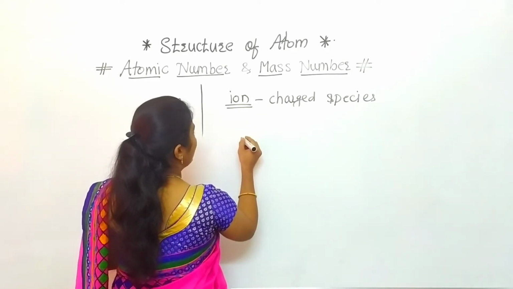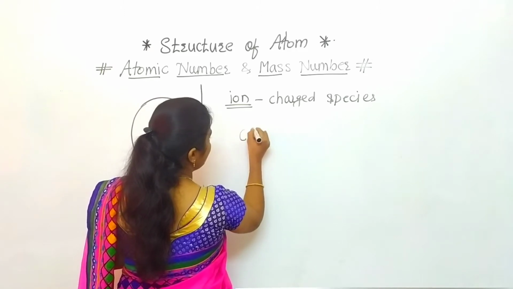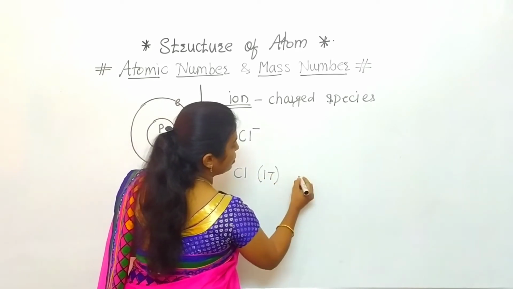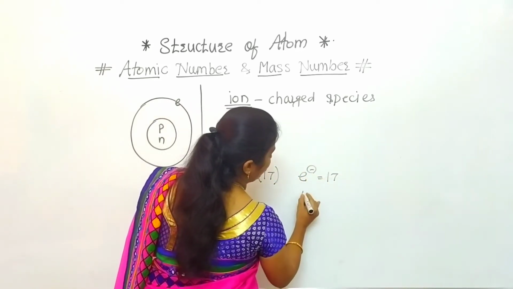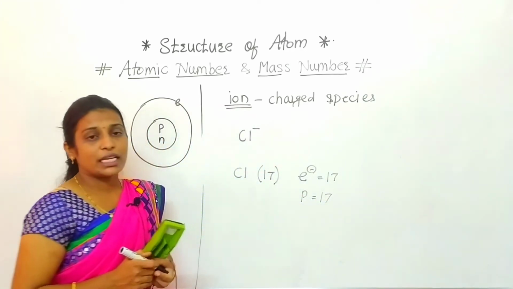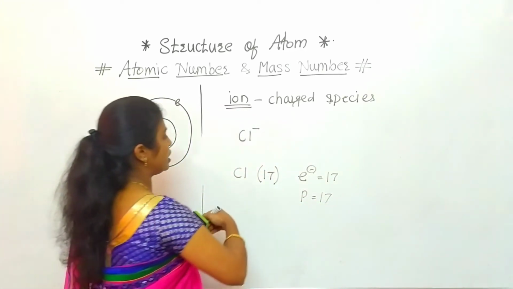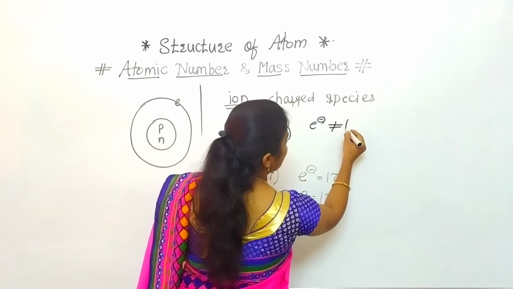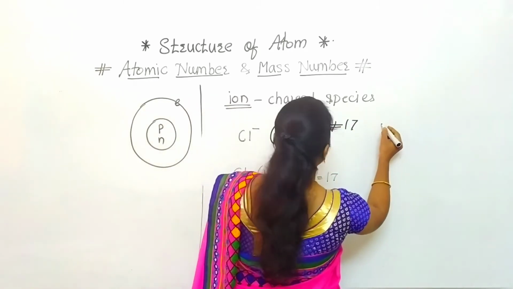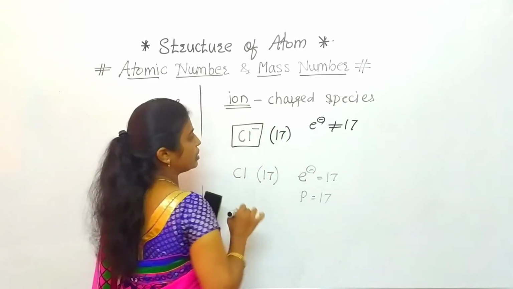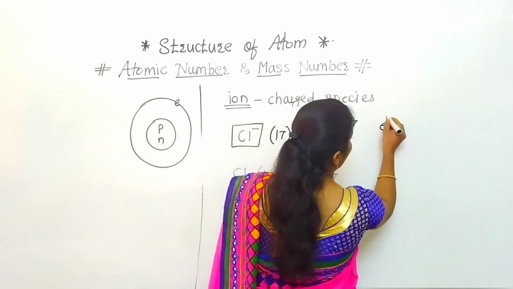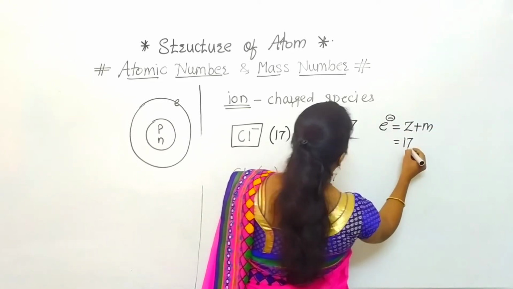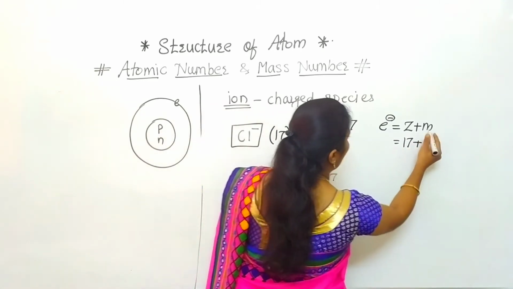For example, the next one is Cl minus, chlorine. Chlorine has the atomic number 17, so the electron number will be 17 and the proton number will be 17. But in case of an anion, for example Cl minus, the atomic number will be 17, but the electron number will not be 17, because the charge present on that Cl is minus, so electrons can be found out by using Z plus M. So Z is 17, plus how much charge is there?